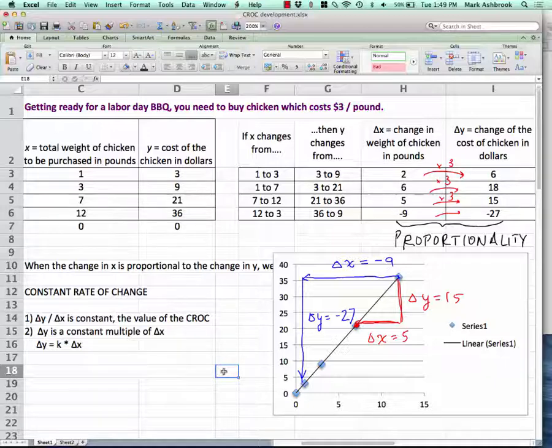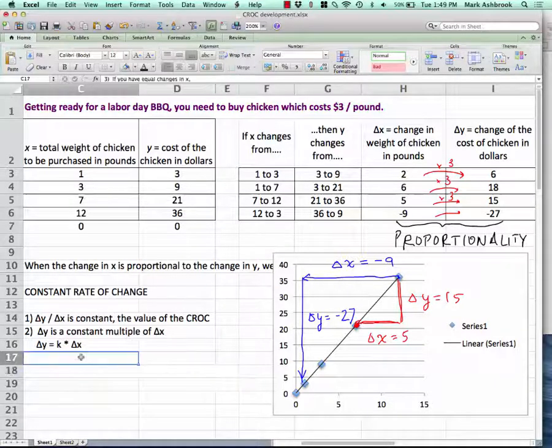Then there's one more mathematical result of constant rate of change, or proportionality in the changes. Look, if the weight of the chicken changes by 2, how much does the cost go up? If the weight changes by 2, how much does your cost go up? $6, right?